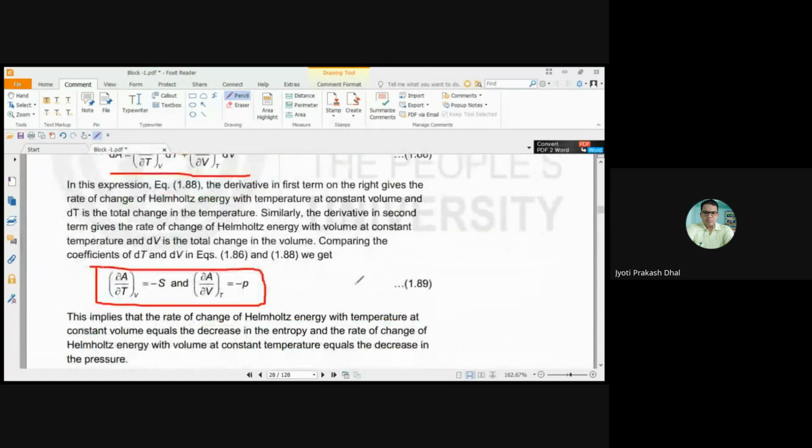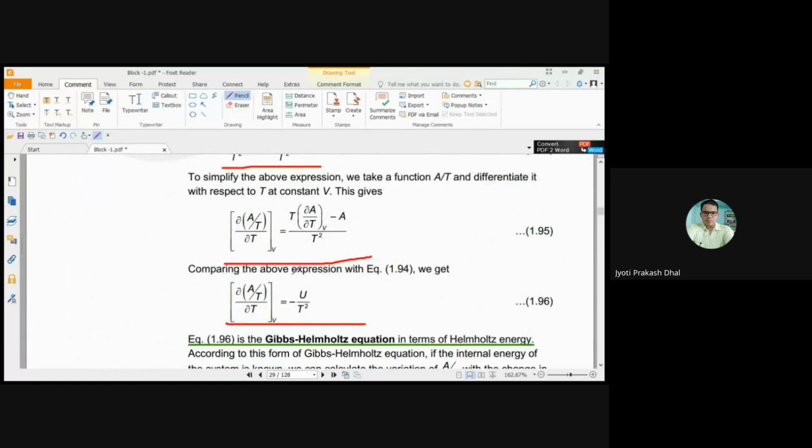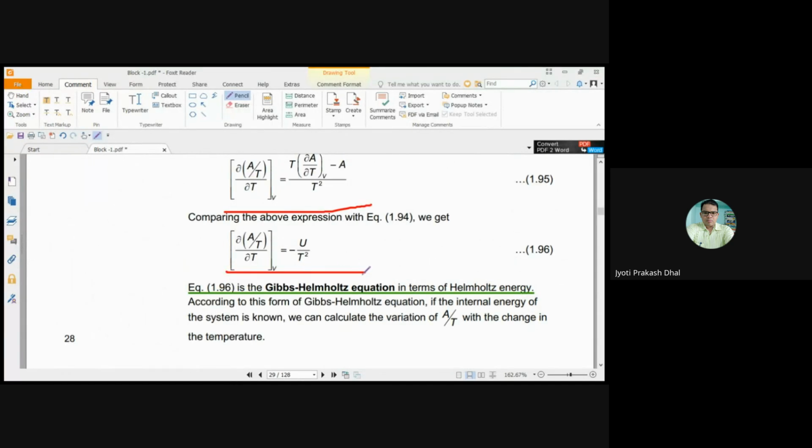So you can see exactly similar expressions are there here, and here you will find the second form of Gibbs-Helmholtz equation, exactly the same form. So that was the first form of Gibbs-Helmholtz equation, in terms of Gibbs energy, and this equation is the Gibbs-Helmholtz equation in terms of Helmholtz energy.